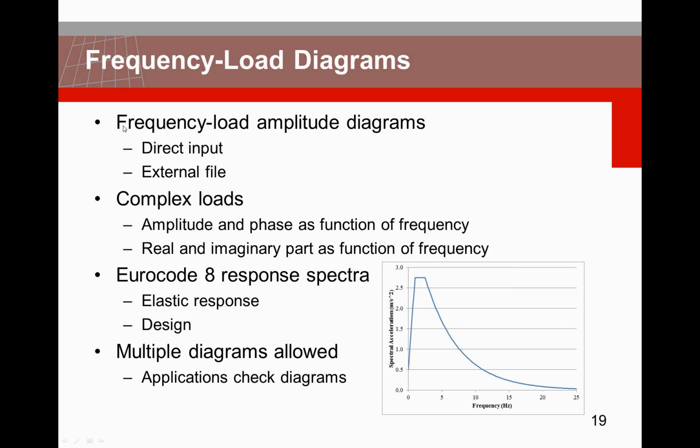Also here, these diagrams can be input directly, so you give your frequency and your factors 0, 0.5, say 1, 2.7, 3, 2.7, and here you can split it into several points to represent this curved part. It's also possible to use an external file. That's also possible for the time load diagrams. So that way you can easily just use an accelerogram.